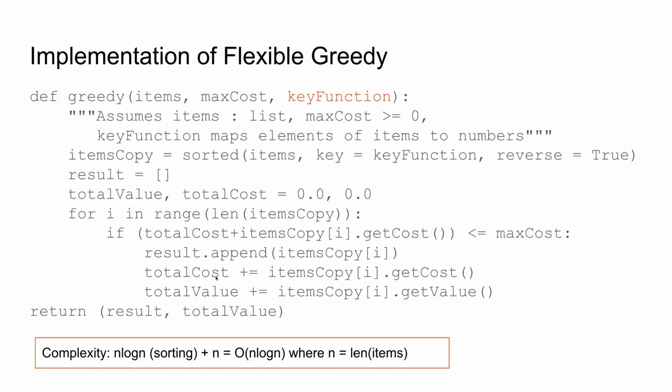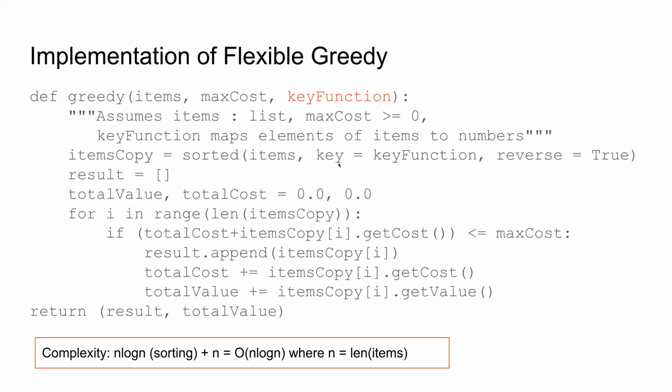And don't forget, you have to update the total cost, which is that item's cost, and the total value is the item's value. So now you just go through everything in that list until you are not able to take anything more, and then just return the result and total value. What's the time complexity of that?